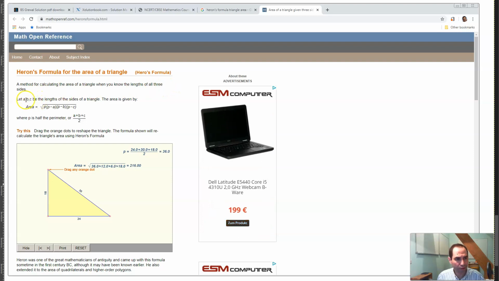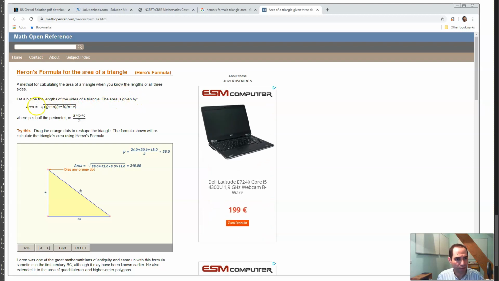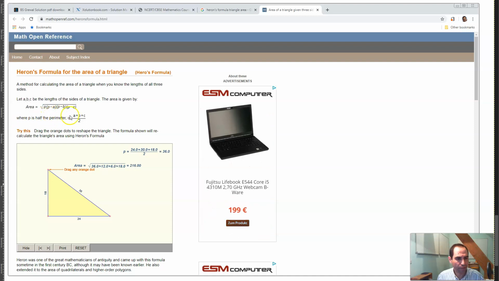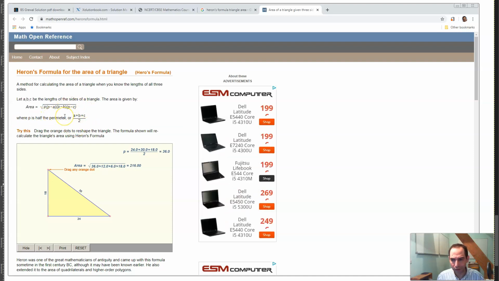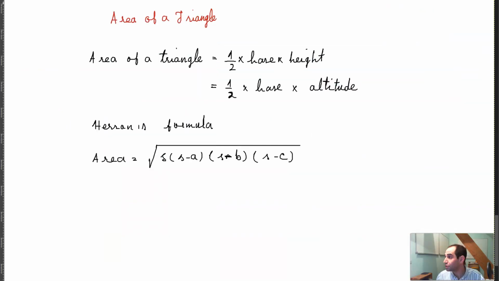Let a, b, and c be the lengths of the sides of the triangle. The area is equal to the square root of p times p minus a times p minus b times p minus c, where p is half the perimeter, or in our book it's called the semi-perimeter, which means that s is equal to a plus b plus c divided by 2, half of the perimeter of the triangle.